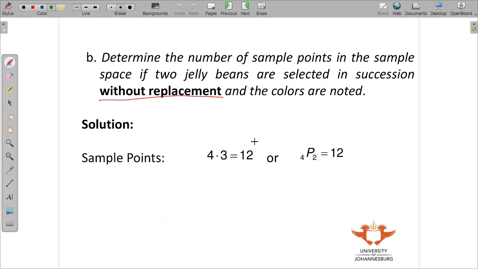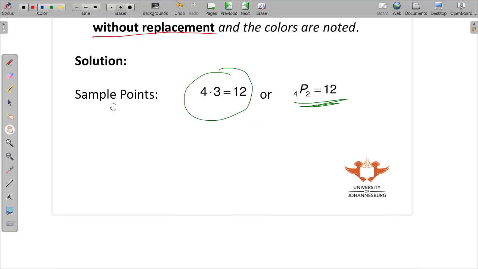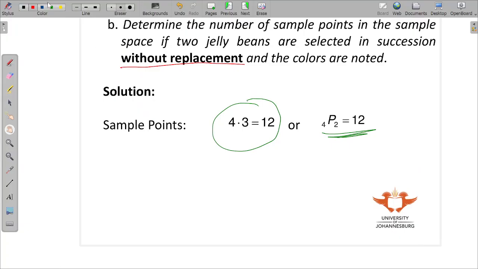Without replacement, the number is 4 multiplied by 3, which is 12, or we have it in this form, 4 permutation 2. Let me quickly introduce this permutation. When we say n permutation r, we mean n factorial over n minus r factorial.